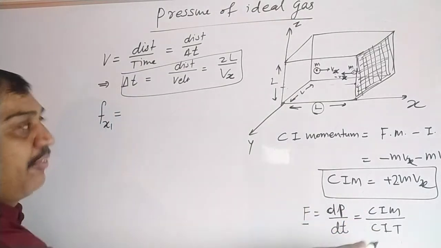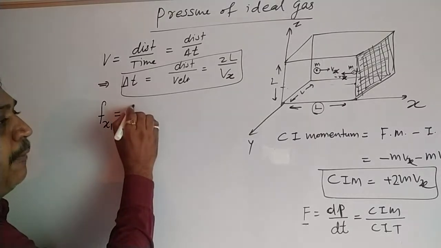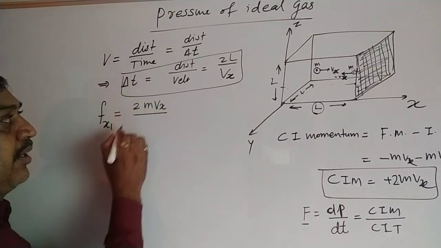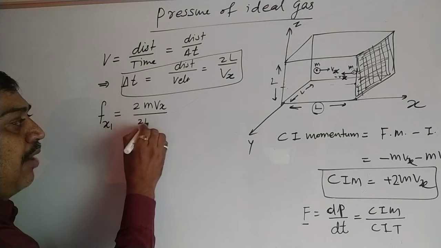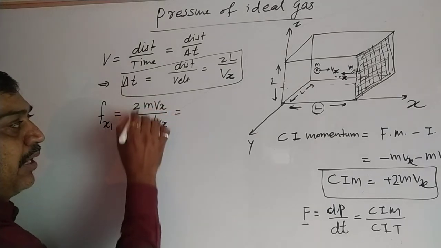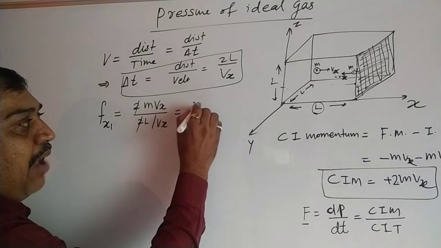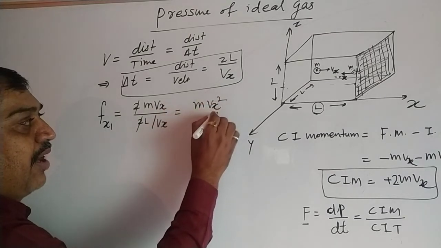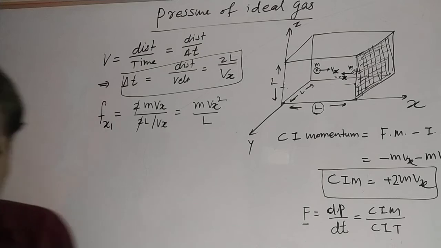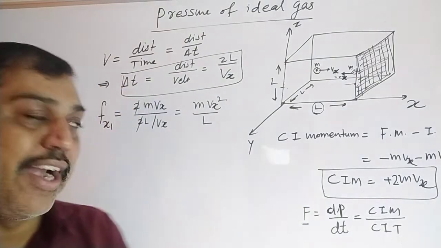The change in momentum is 2m into Vx, divided by time, which is twice L divided by Vx. Vx goes upward, the 2 cancels out. What we get is m into Vx square divided by L.